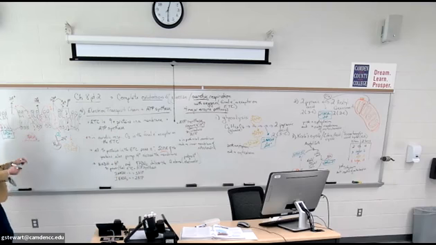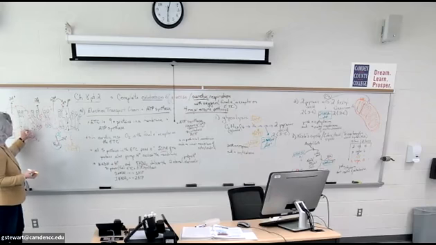FADH2 is not as good at being reduced from FAD to FADH2, so it doesn't carry as much potential energy. And because this molecule is an enzyme that has an active site for this, FADH2 isn't close enough to bind there. So FADH2 drops its electrons here.